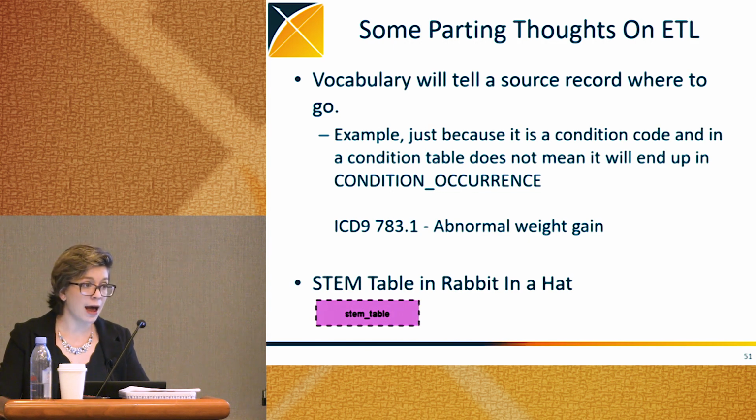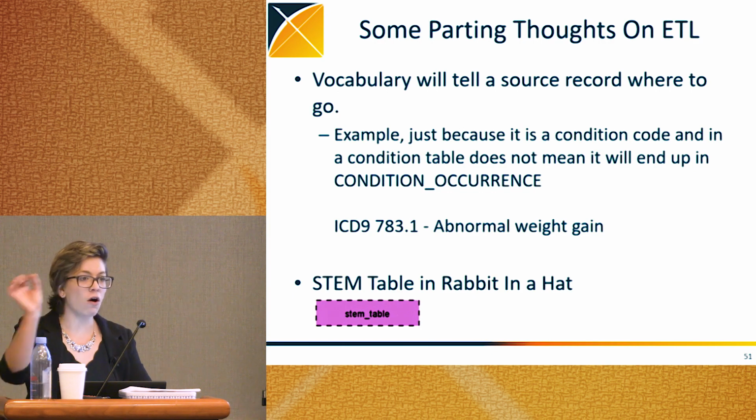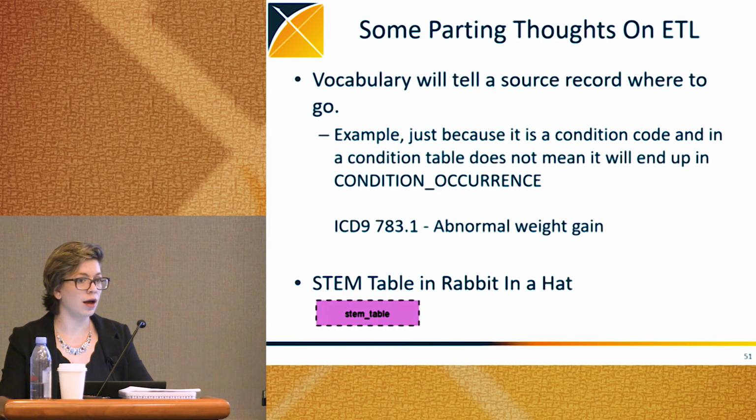This becomes very valuable because the vocabulary dictates where things go, so you might not want to make all those individual condition to condition occurrence, condition to drug exposure mappings. This might make the document a little bit simpler.